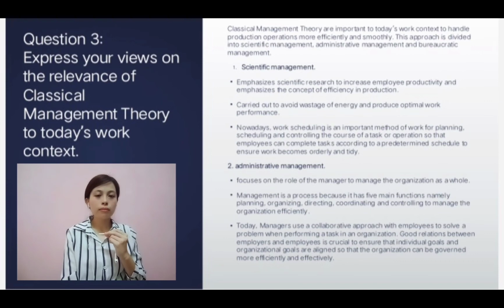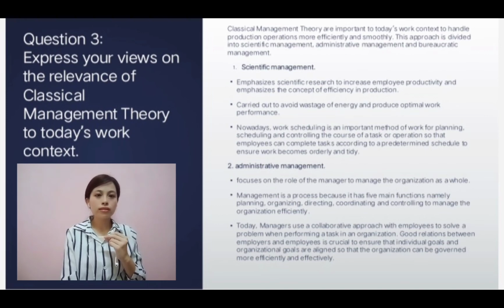Today, managers use a collaborative approach with employees to solve problems when performing tasks in an organization.